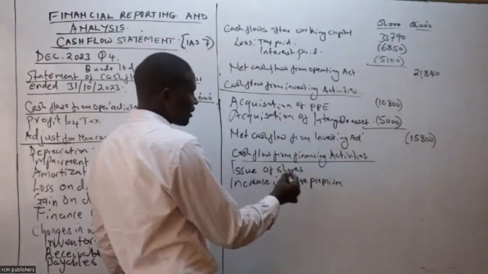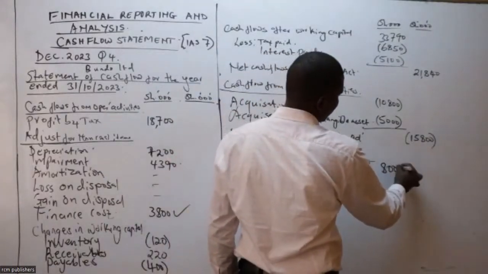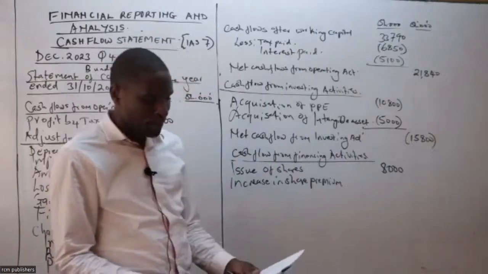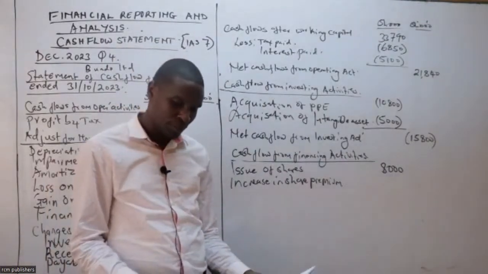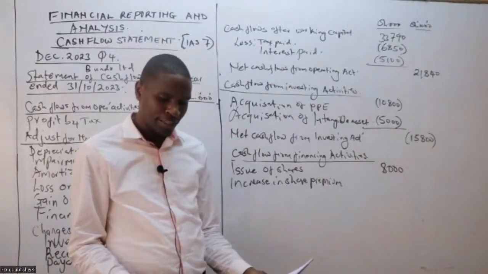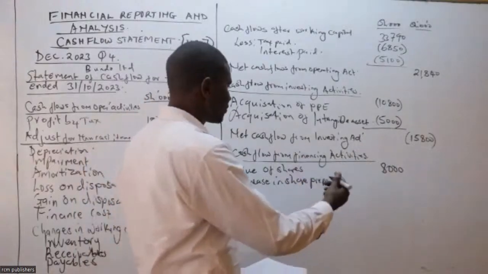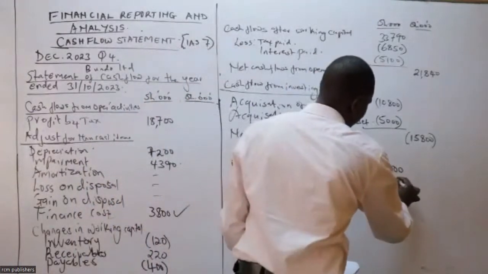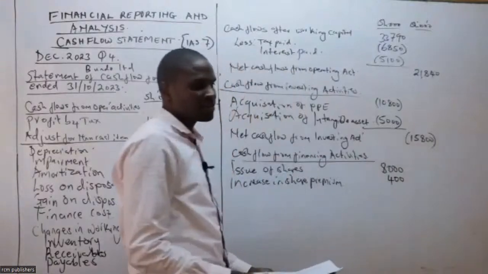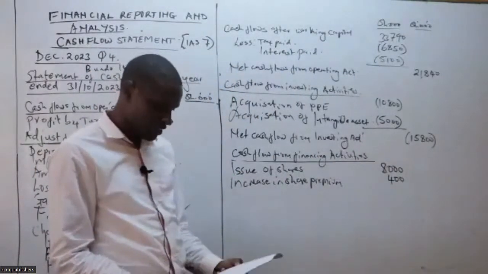So 40,000 minus 32,000 gives me 8,000. Can you give me the value of our share premium? We have 3,000 and then at the start we had how much? 2,600. Therefore, there was an increase of 400. Done. Then we look at the other item that we have been given here.